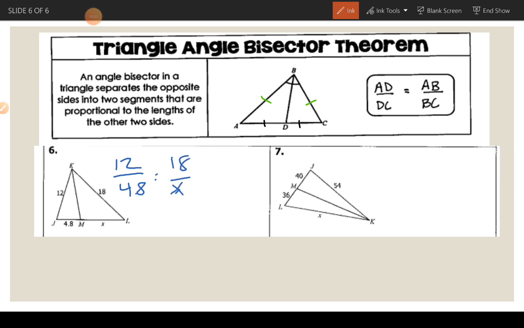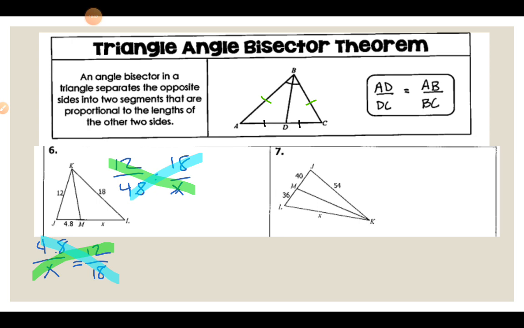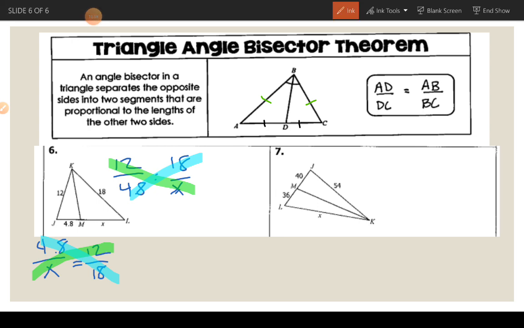If you follow what they were doing up here, you'd get 4.8 over x is equal to 12 over 18. As you can see, the 12 and the x are still diagonal, and the 4.8 and the 18 are still diagonal. And then you would cross multiply and solve, obviously.